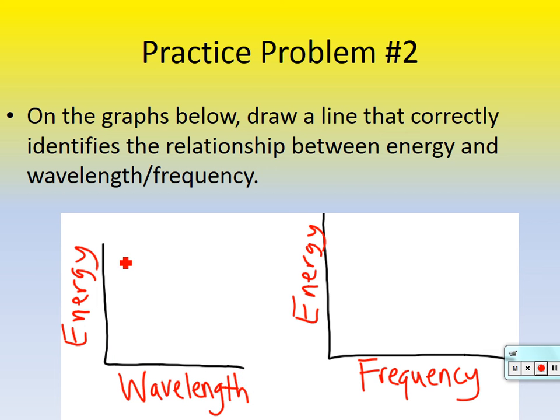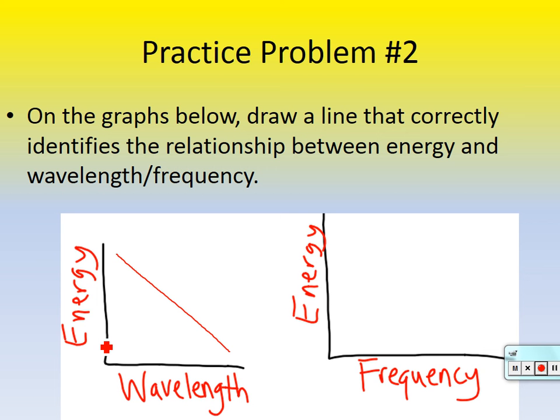Start at the top left and go down? Would that line make sense? With low wavelength, do I have high energy? Yes. With a longer wavelength, do I have low energy? Sure. That's your answer. Good job.